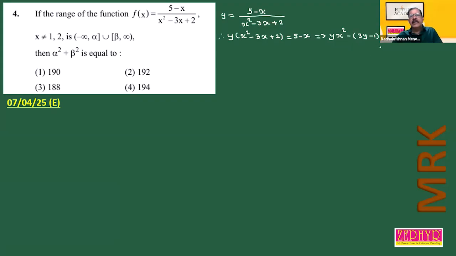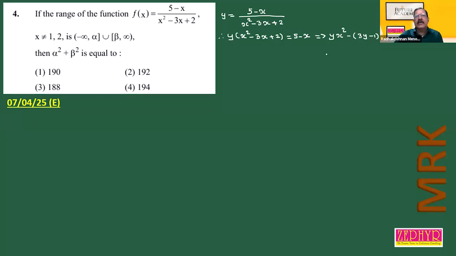Then you have got 2y minus 5, so 2y minus 5 is equal to 0. This is the quadratic equation in x.